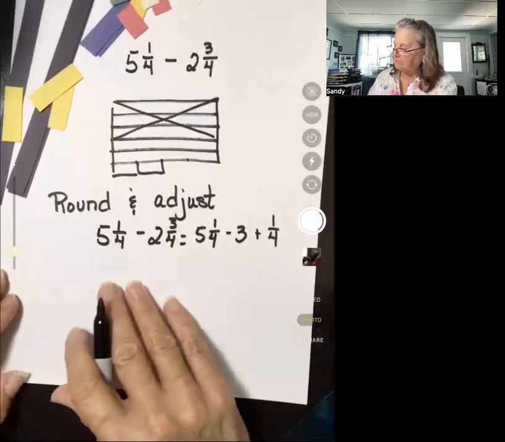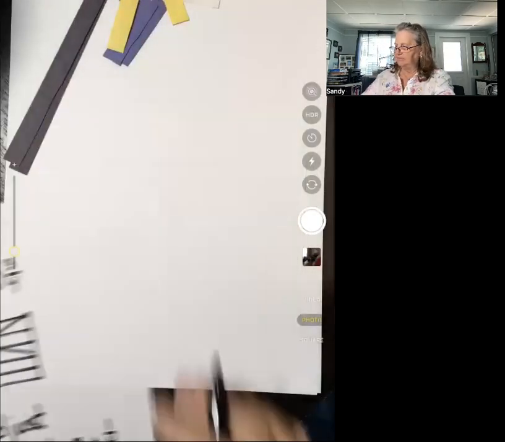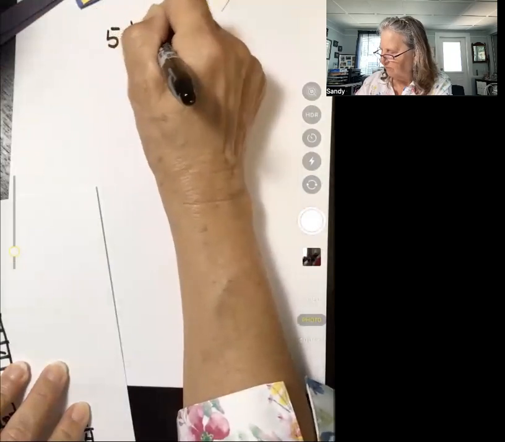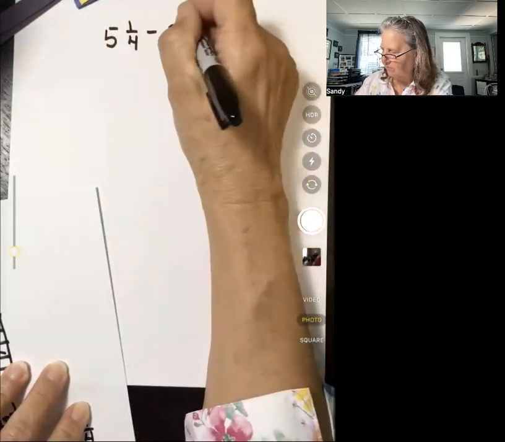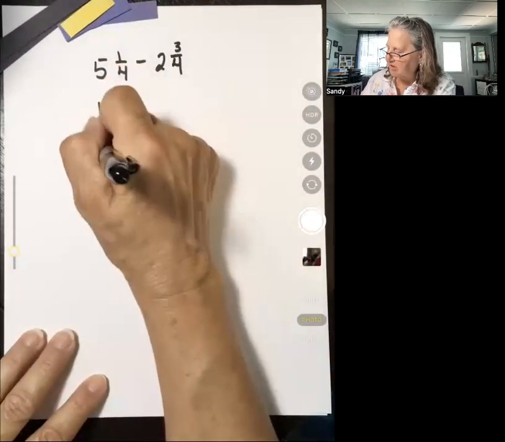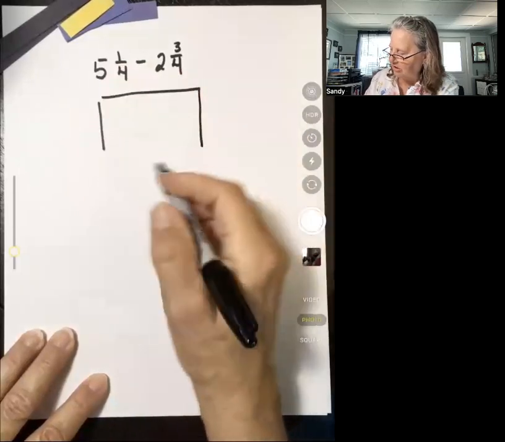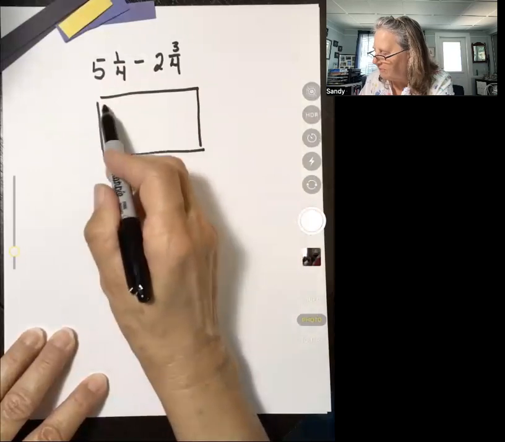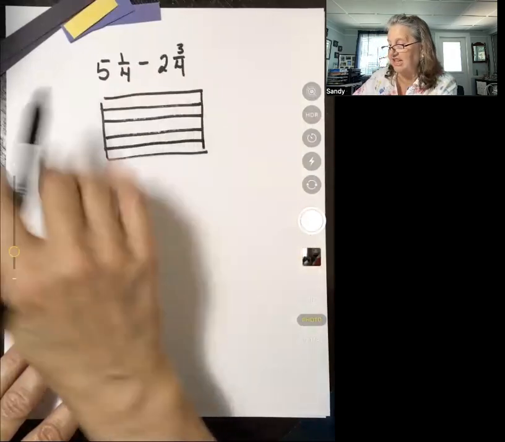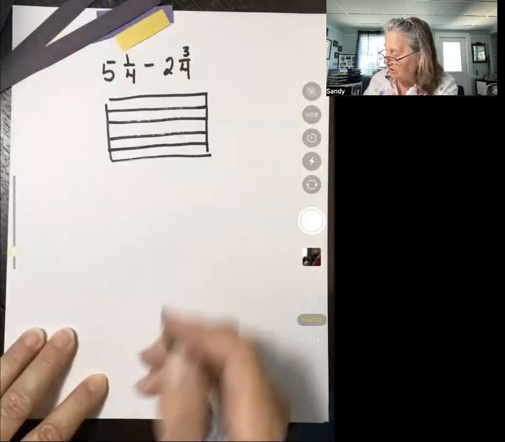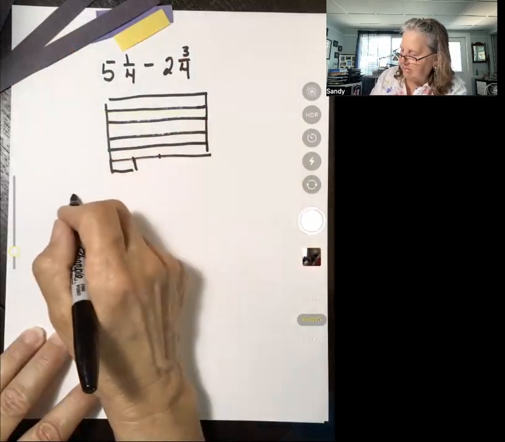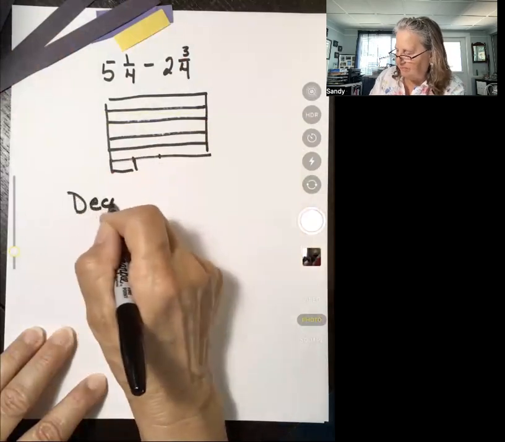Another one for the same problem. I'm going to start with the same starting point of drawing my 5 holes and my 1/4. And I could use this using those pieces and actually act it out with my holes and my parts. But I'm going to start with the 5 and the 1/4. And this time I'm going to decompose a hole.